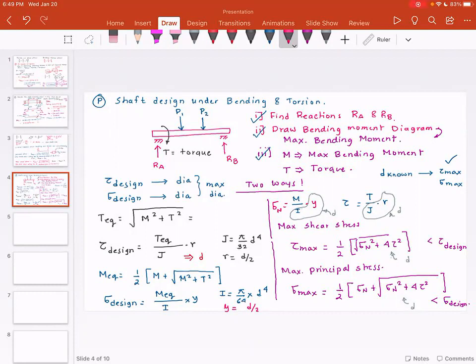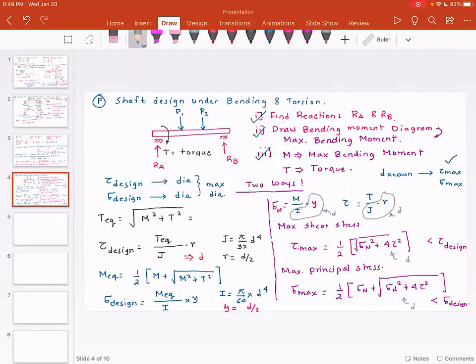For example, you can find the value of sigma and tau in terms of M and I, and then factor out the terms, and you will see that these equations have a one-to-one correspondence.